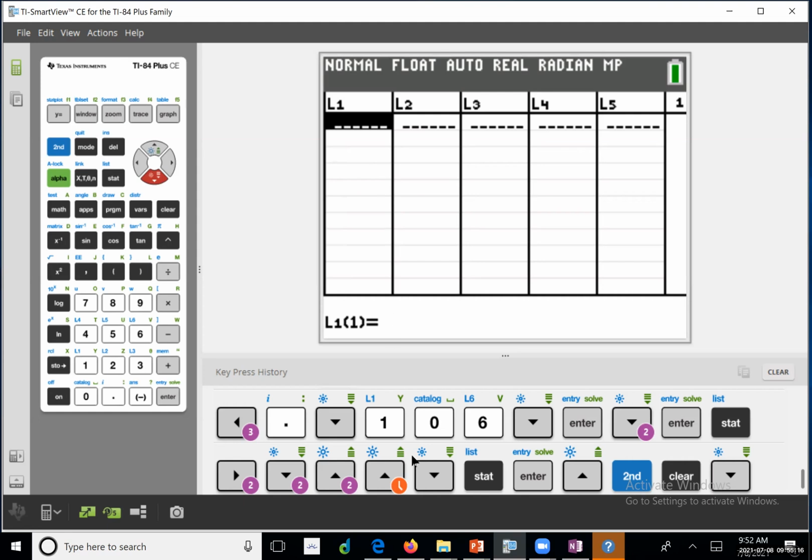Okay, and the numbers. Can someone please read the numbers to me?